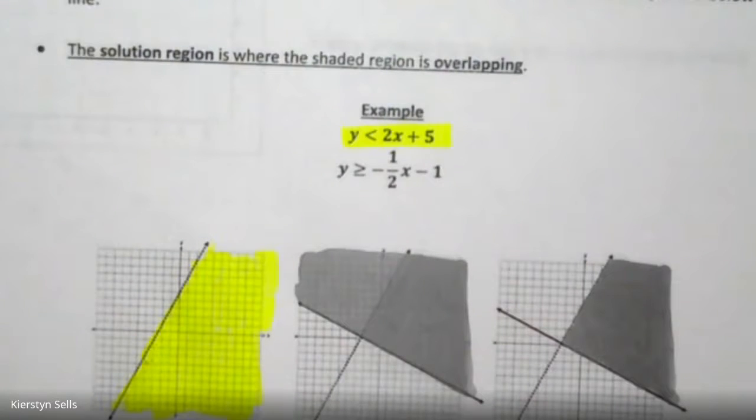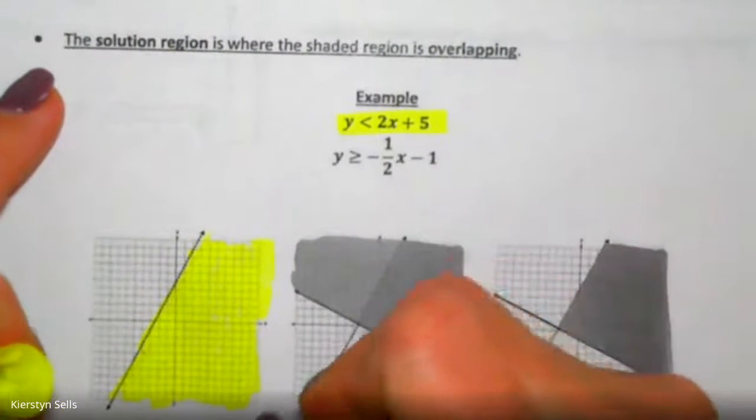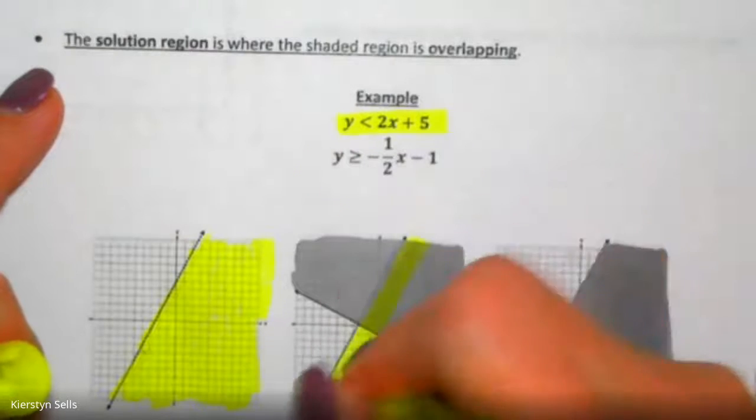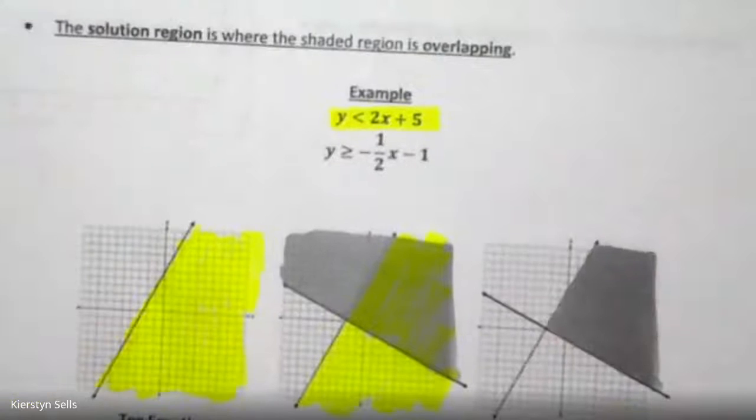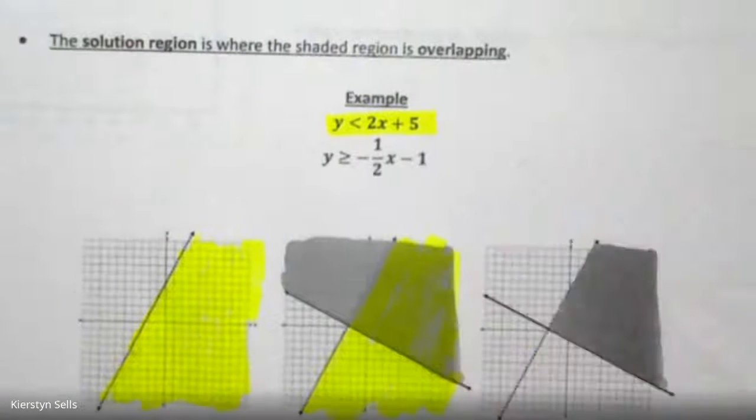Then do it again over here on this one. We're shading both the top and the bottom on this one, so we color in the same area. Now the other equation says y greater than or equal to -1/2 x minus 1.